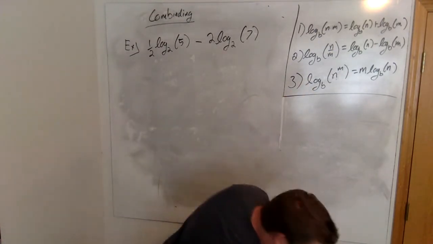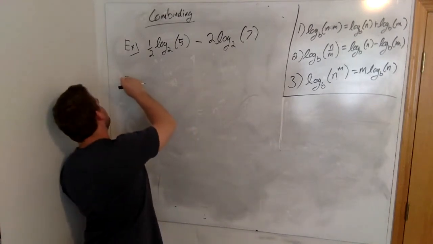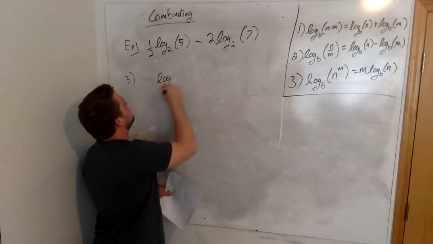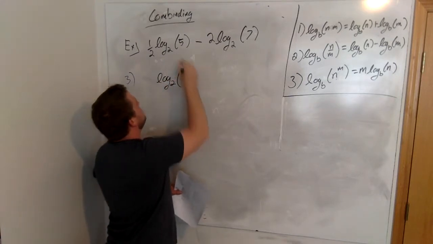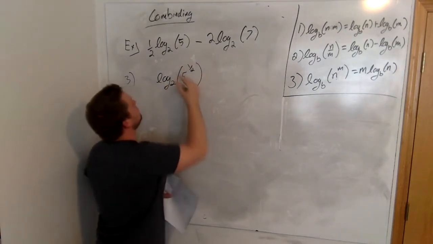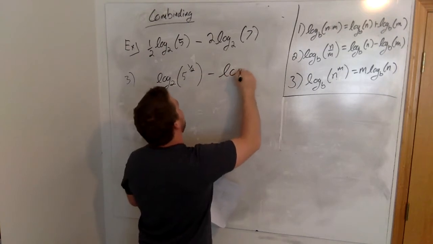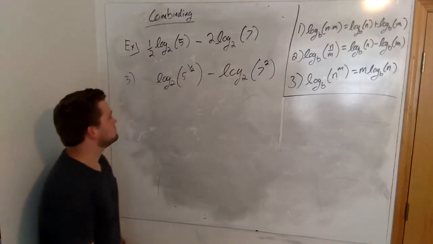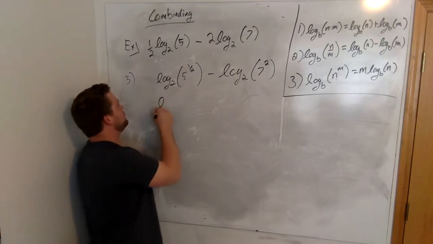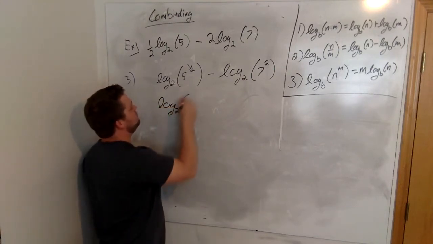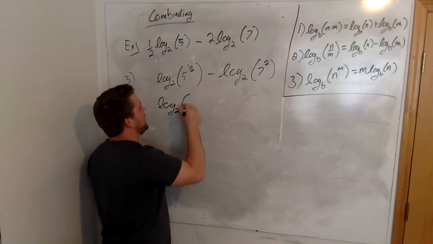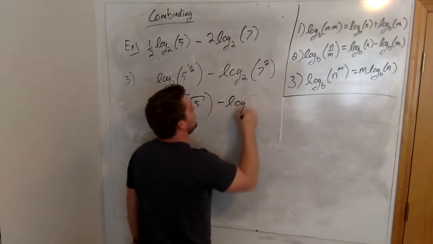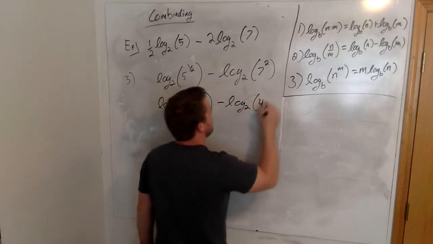So using rule 3 here, this is the same thing as log base 2 of 5 to the 1/2 power minus log base 2 of 7 squared. Maybe we could write this as log base 2 of, remember, 5 to the 1/2 power is the same thing as the square root of 5, minus log base 2 of 7 squared, which is 49.